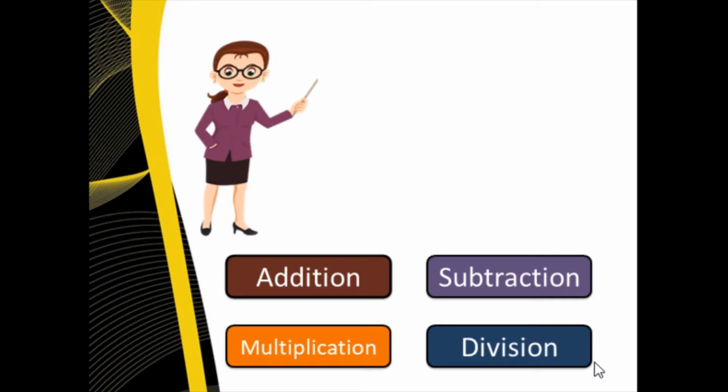Now let me ask you first. I will show symbols of operations and you tell me if it's addition or plus, subtraction or minus, multiplication or times, and lastly, division or divided by.